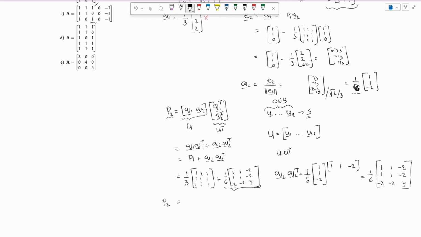What is it? Is there a common scalar that we can take out or no? Always. Okay. 3, is it? 3, 0.